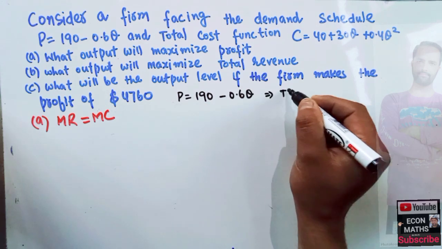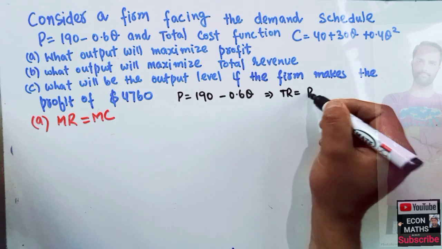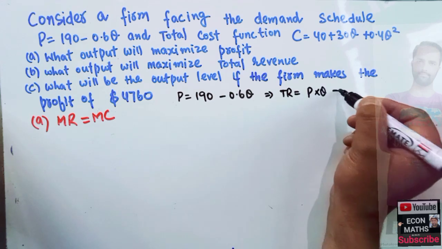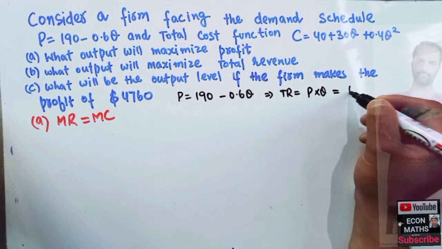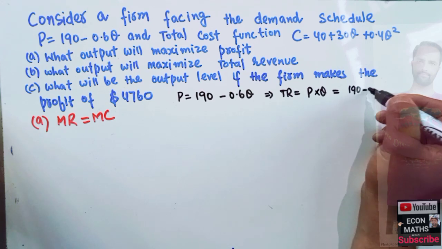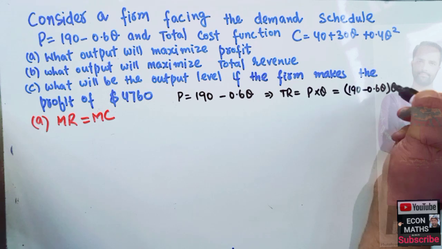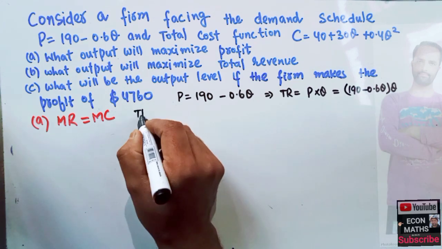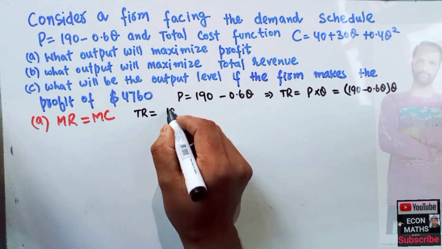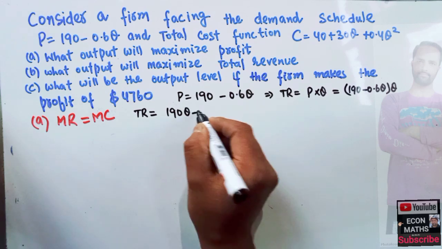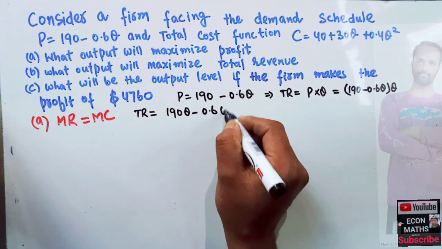Total revenue is simply price into output. So the price function is 190 minus 0.6Q, and to this we multiply Q. That means our total revenue function is 190Q minus 0.6Q square.